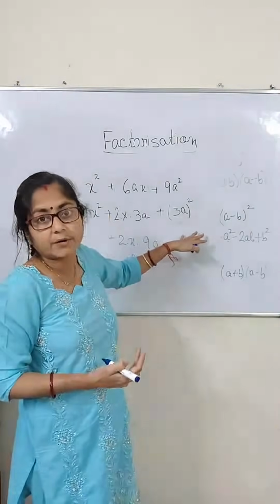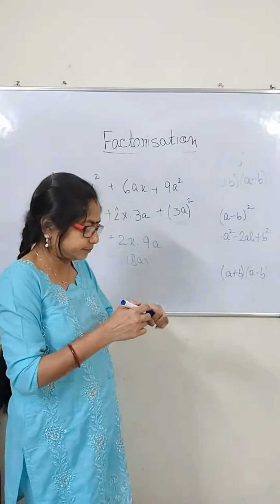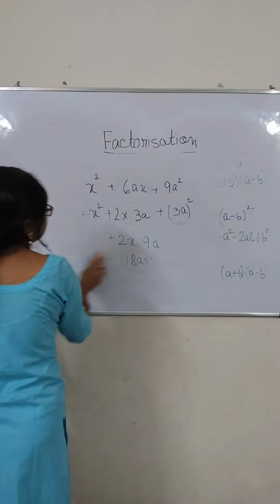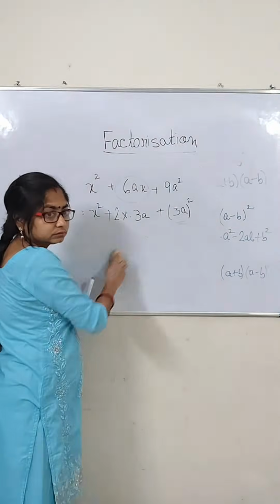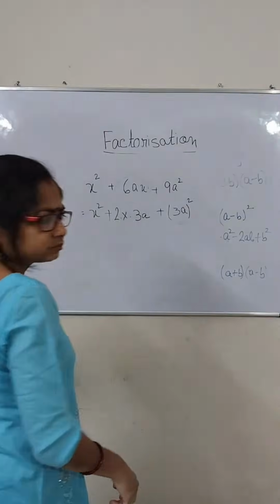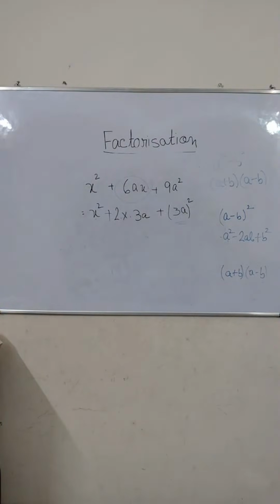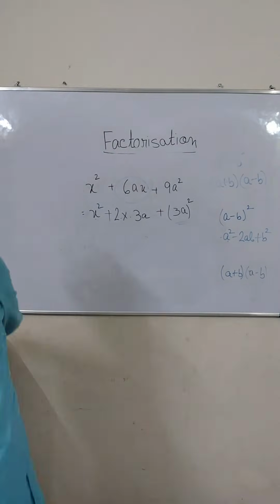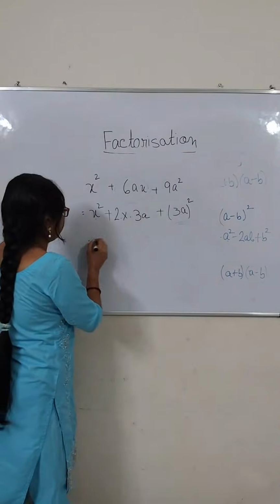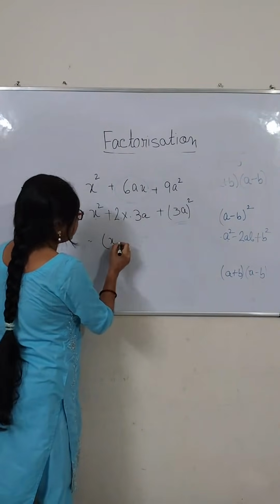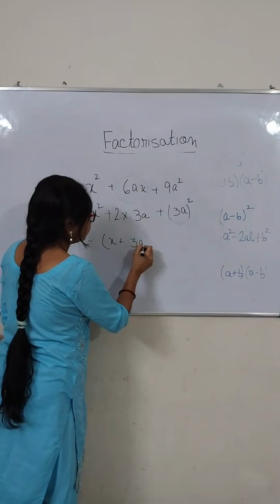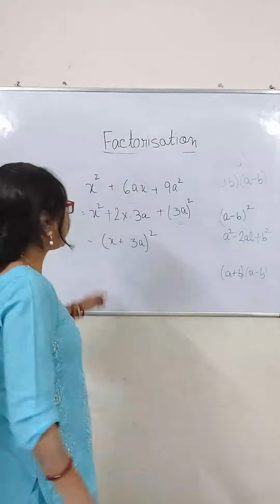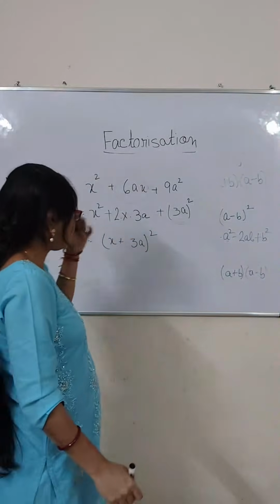You do the b square first, then you do the middle part. Now I write x, then plus, whole square: x plus 3a whole square.